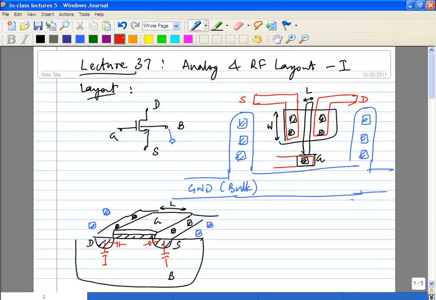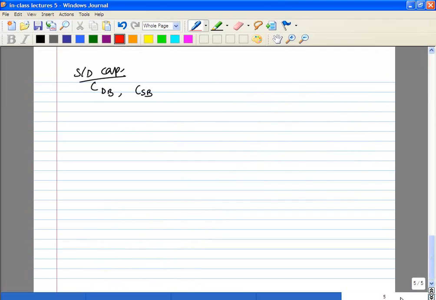If you look at the drain bulk capacitance, what does it depend on? So obviously it depends on the area, right? So it depends on this E. So it depends on the bottom area. So it depends on E and it depends on the width of each finger, W. So you have two components.